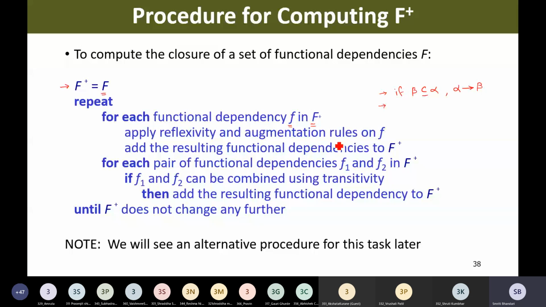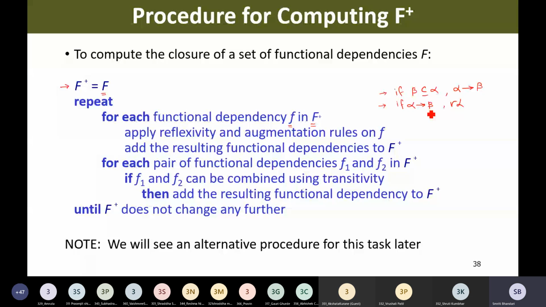What next? We need to make use of the augmentation rule. What does the augmentation rule say? If alpha determines beta, then gamma alpha determines gamma beta.